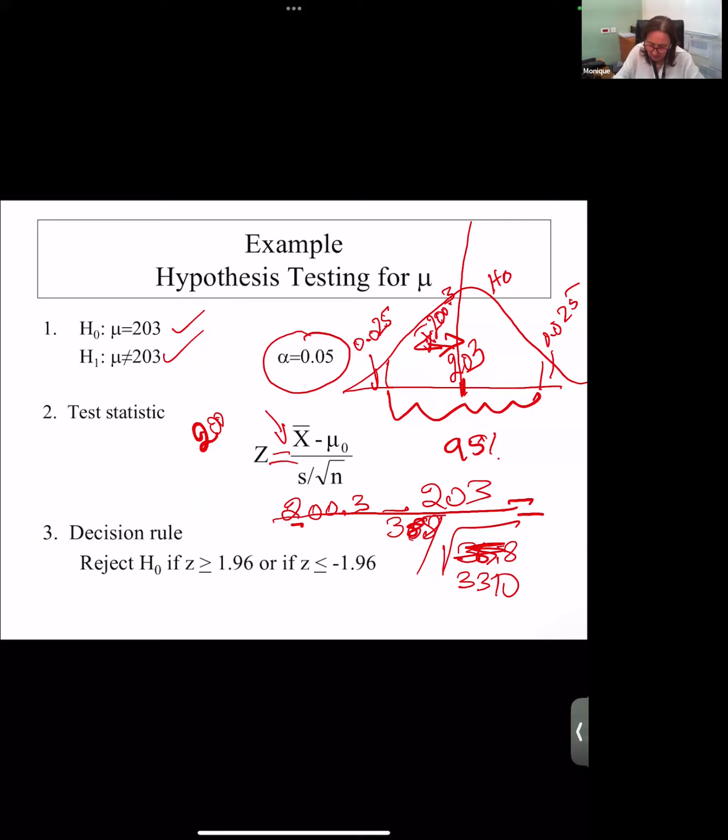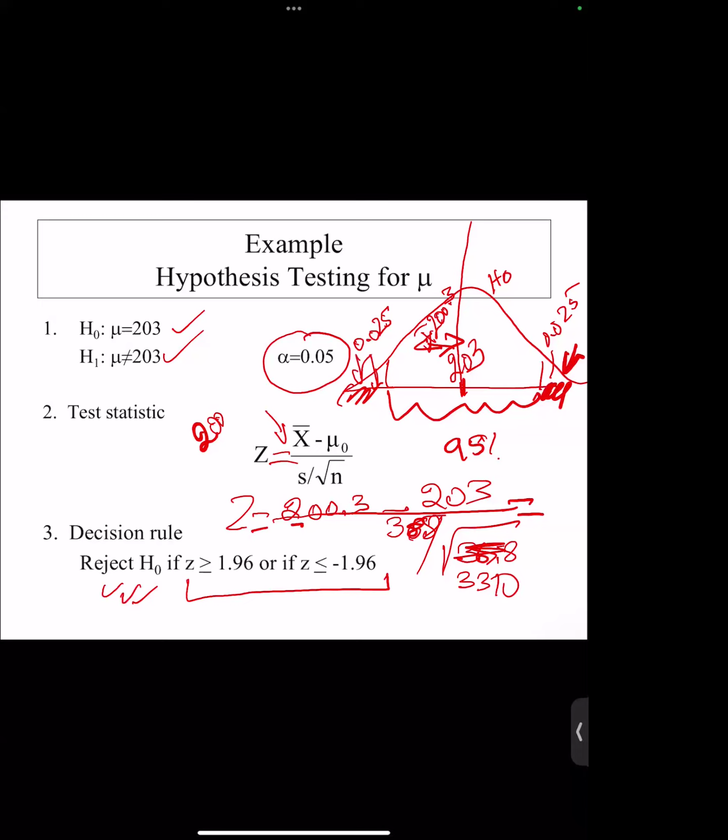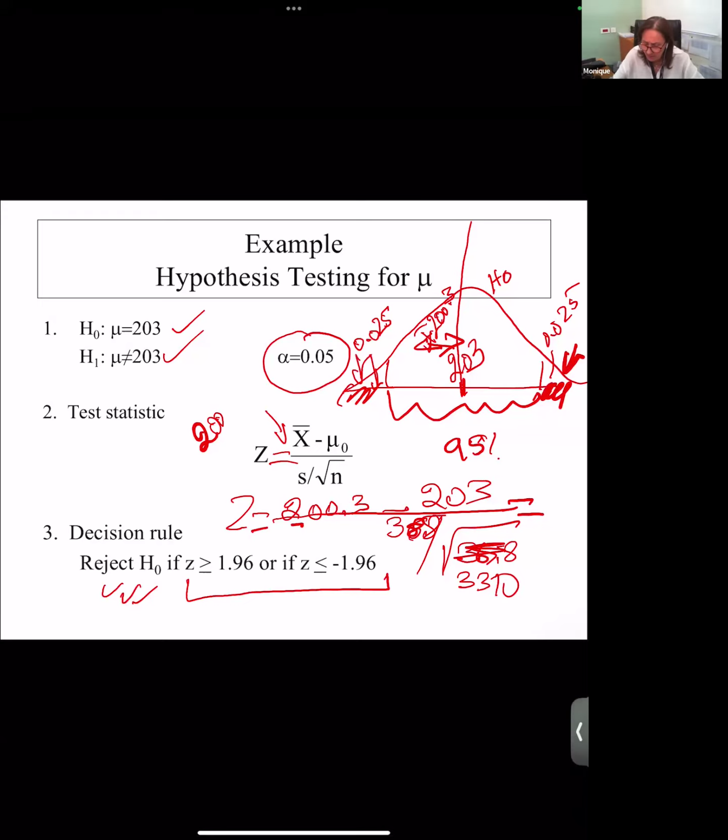So this value, we check it out, and the decision rule would be whether the Z that I find falls here or here. If it falls here or here, my decision would be reject H0. If it falls between 1.96 and minus 1.96, where is the 1.96 coming from? The 95%? Yes, from the alpha of 5%.